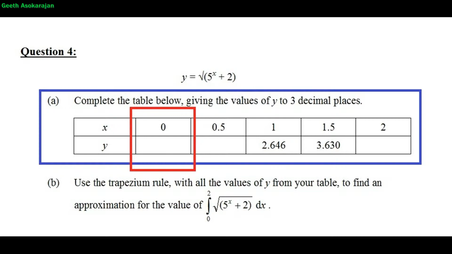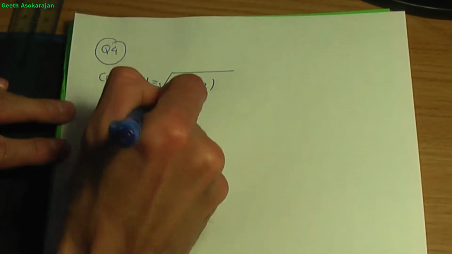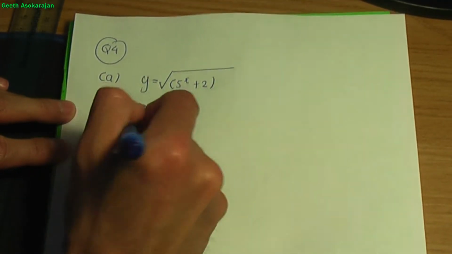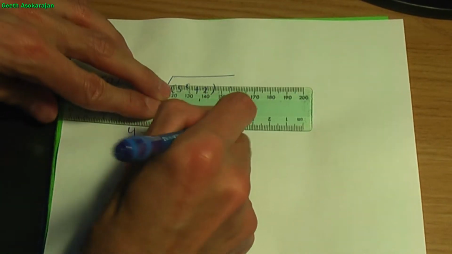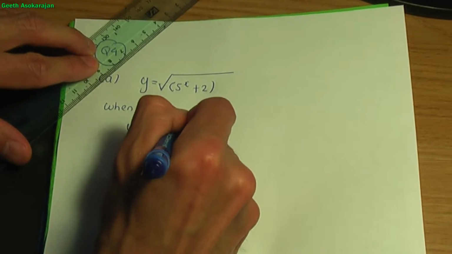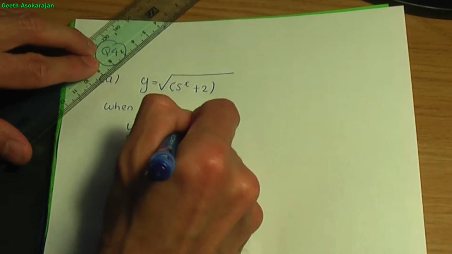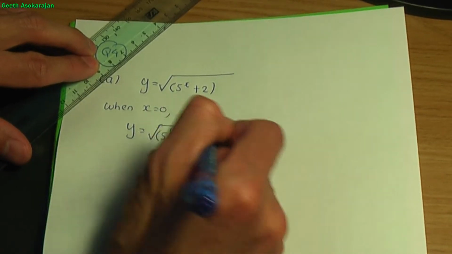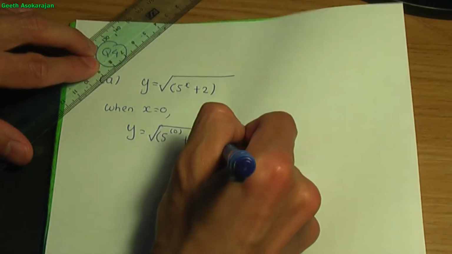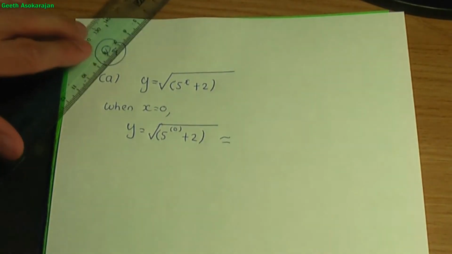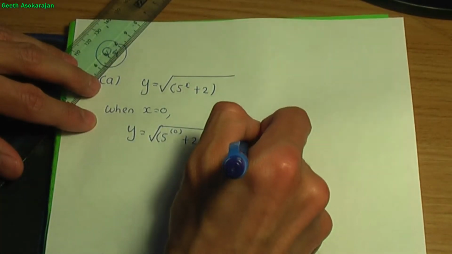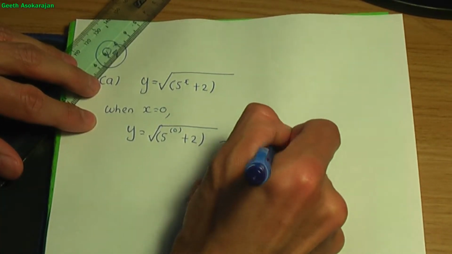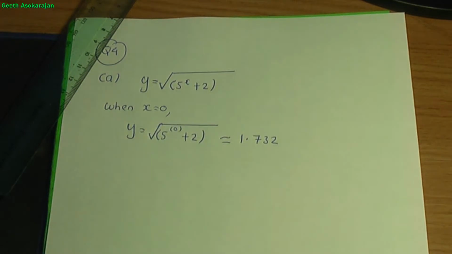So when x is equal to 0, y is the square root of 5 to the power of 0, plus 2. If we calculate this to 3 decimal places, you should have 1.732.